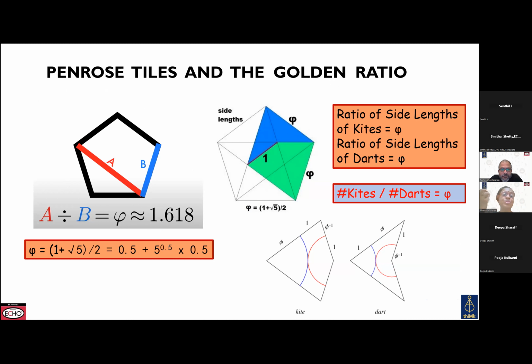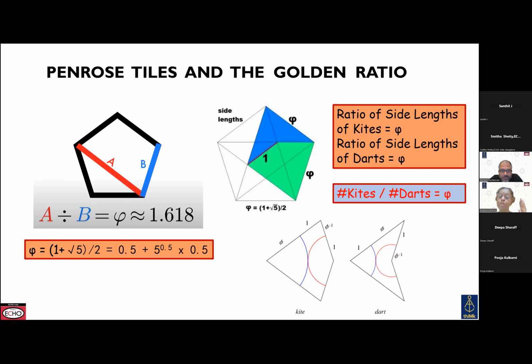So this is the intuition behind why these tiles form this infinite non-repeating pattern. And Penrose did this with pentagons. We saw in earlier sessions, when we talked about Fibonacci numbers, that the pentagon is closely associated with the golden ratio.